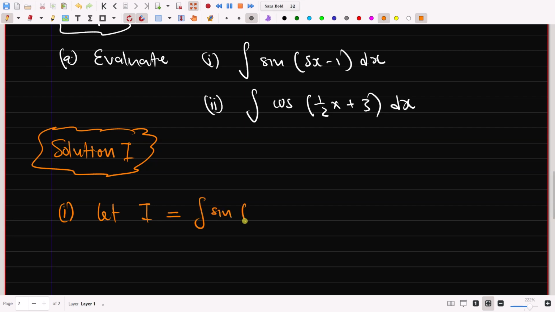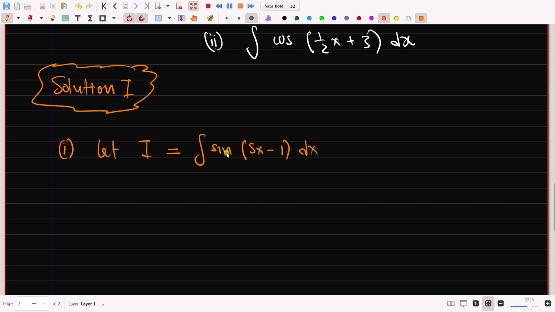Then you begin the steps. Remember, step number one, every time you're dealing with integration, is your starting point: you differentiate the argument. That is more like finding d/dx of 5x minus 1. When you differentiate the argument, the 1 becomes 0, but when you differentiate 5x, you get 5.